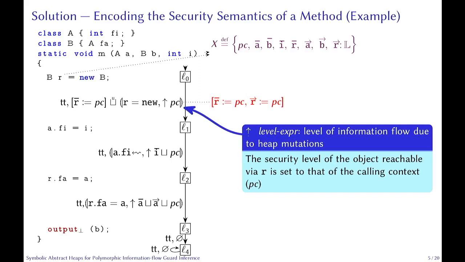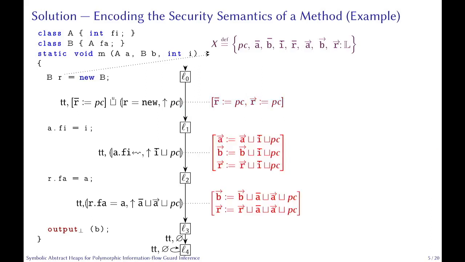Here we have the security level of the context when we allocate the object. On the second statement we perform a mutation, so the security level that flows to the modified object A is the upper bound between the level of I and the current execution context. We can do that for all of those notations.